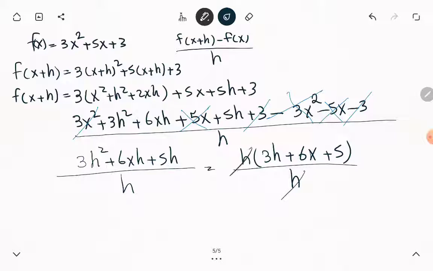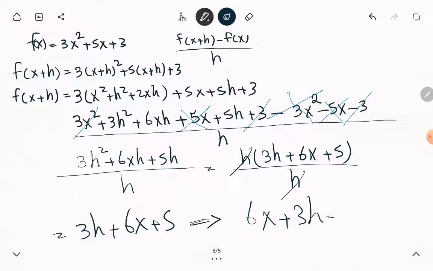These two h's also cancel, and you end up with the difference quotient as 3h plus 6x plus 5. And for the sake of calculus consistency, we'll write it as 6x plus 3h plus 5. So that's the first part of this video.